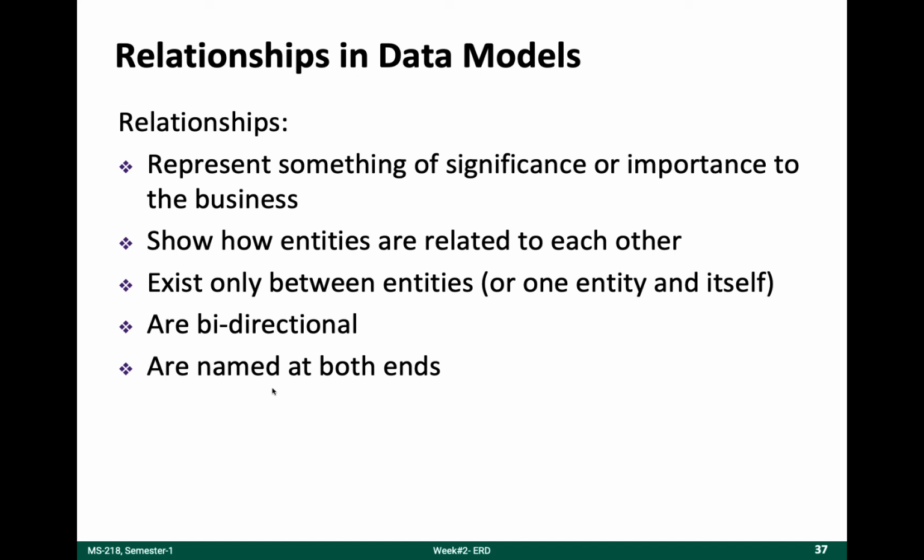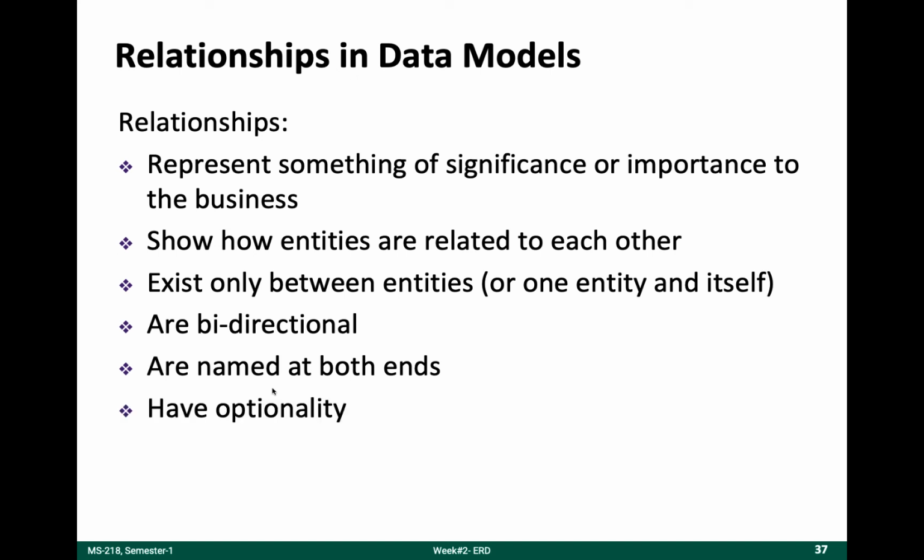Just like father and son have a relationship, but for the father, the name of the relationship with the son is different, and for the son, the name of the relationship with the father is different. So two entities having a relationship is bidirectional, and each end would have a name.